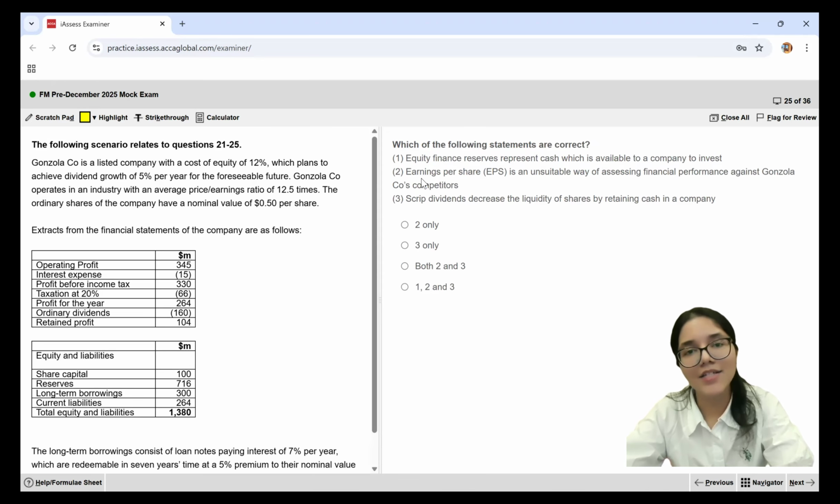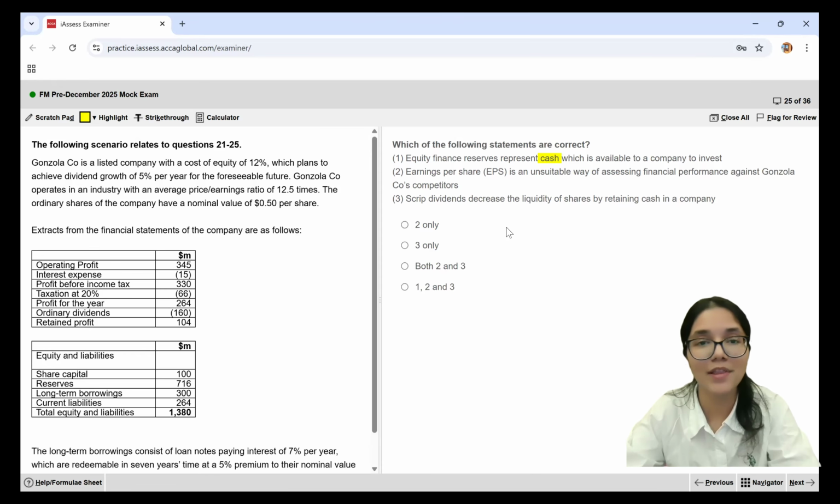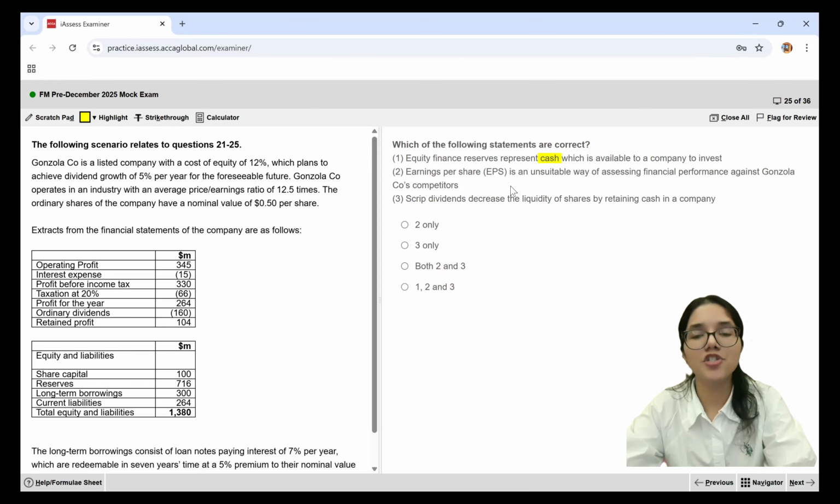Moving towards the last question that you have based on this case study: which of the following statements are correct? First statement says that the equity finance reserves represent cash which is available for the company to invest. Now guys, is it mandatory that reserves will always be in the form of cash? It's not mandatory, so the first statement cannot be correct. Second says that the earnings per share is an unsuitable way of assessing the financial performance against Gonzola company's competitors.